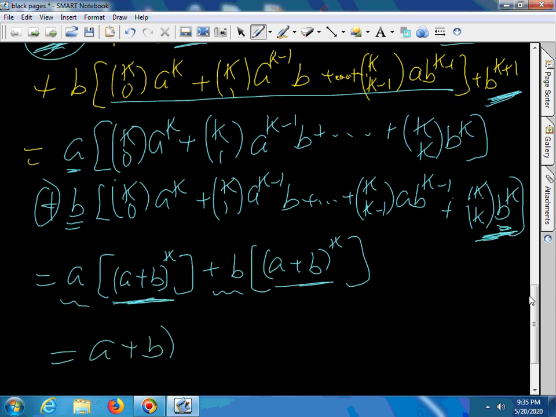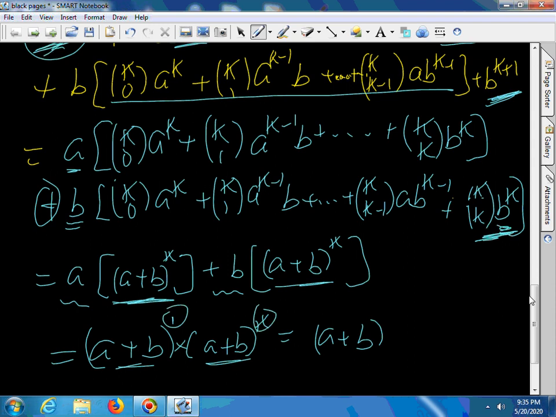So in all, I'm going to have a plus b to the k. And this is understood to be 1, and basic math tells us in multiplication, if the bases are the same, and they are, just add the exponents. 1 plus k is the same as k plus 1. But that's exactly what I wanted to show.